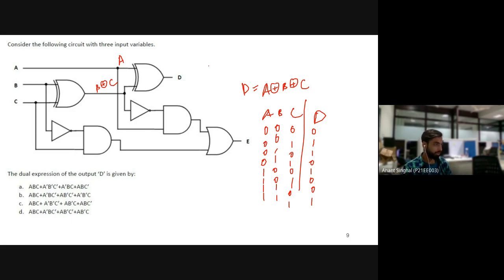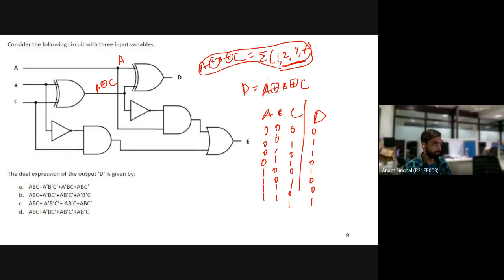If we have a three-input XOR gate, and we write it in terms of min terms, this is nothing but 1, 2, 4, 7. This is important in competitive exams such as GATE. So you need to remember this 1, 2, 4, 7. Wherever you see 1, 2, 4, 7, it is nothing but an XOR gate.